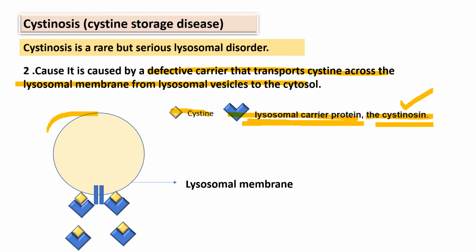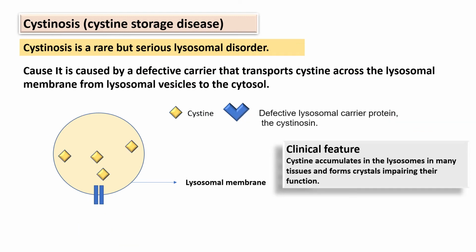Now here you can see that there is an accumulation of cystine. As there is a defect in the carrier transport protein, this cystine slowly accumulates in the lysosomes of the reticuloendothelial system, and these are the crystals which are deposited in the lysosome.